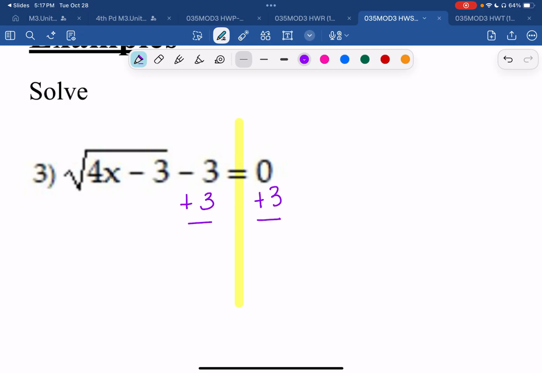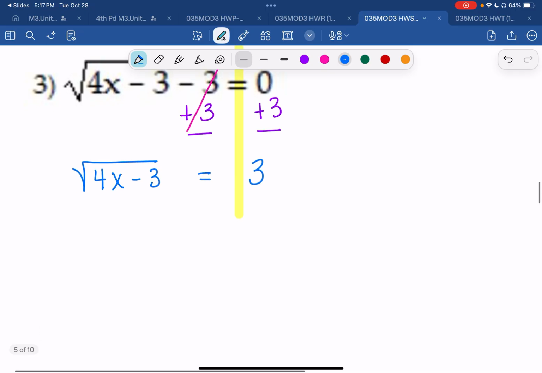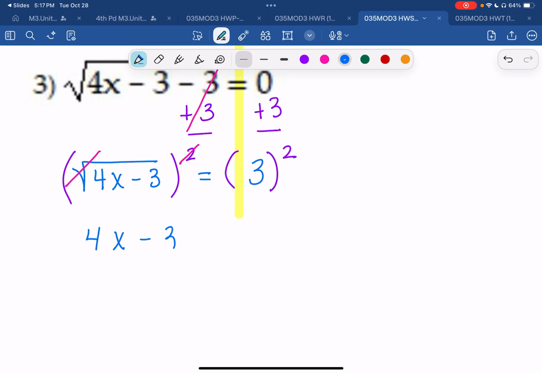That leaves me, this cancels, and I've got the square root of 4x minus 3 equals 3. Now it's isolated, so I can square both sides. My square root and my square are going to cancel, and I've got 4x minus 3 equals 3 squared, which is 9.